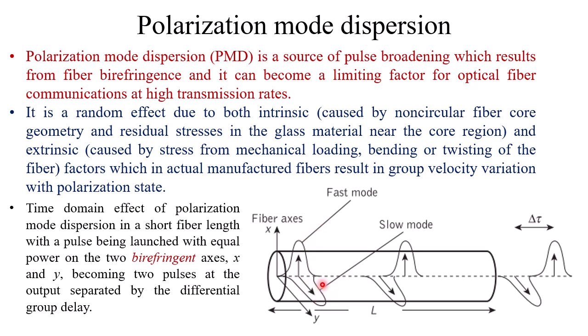They start at the same time, but after traversing a certain path length within the fiber, this particular mode will have a higher velocity and reach earlier, and this mode will be the slower mode and reach later, effectively increasing the duration of the pulse.